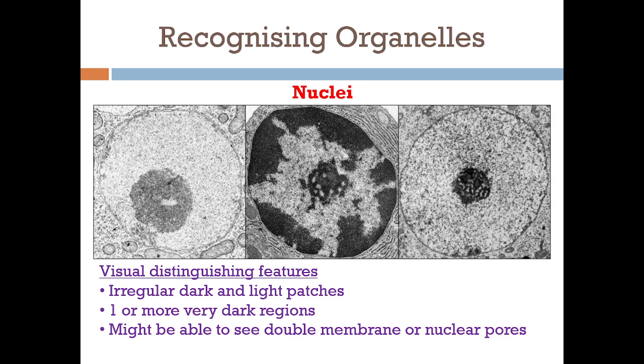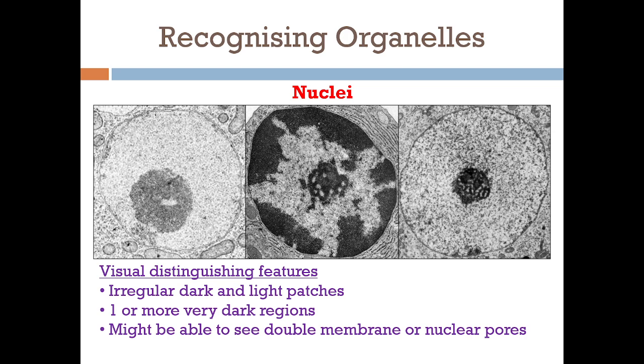Just take note that there might be more than one nucleolus. In the 3 nuclei that I'm showing, all of them only have one nucleolus. But do take note that some nuclei can have more than one nucleolus, or nucleoli. And for certain diagrams of the nucleus, which happen to be very, very clear, you might be able to see the double membrane, like the nucleus on the left.